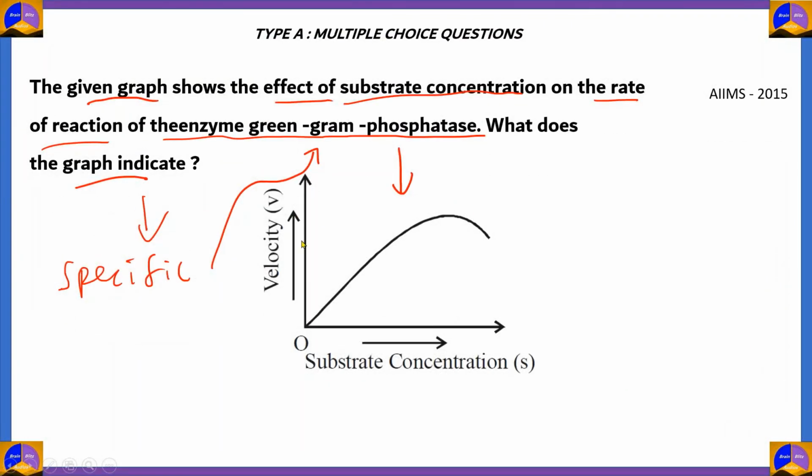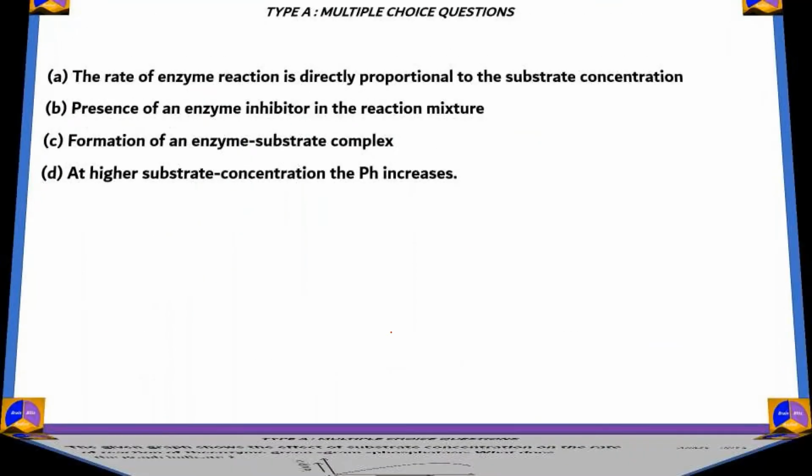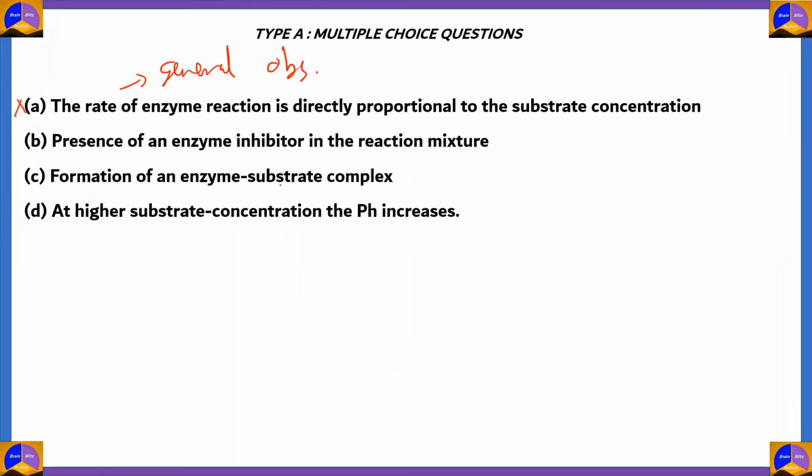So when we are representing the effect of substrate concentration on the rate of reaction, we can do this to any kind of enzyme, and you can still get the relation that velocity is directly proportional to substrate concentration. And formation of an enzyme substrate complex, option C, is also a general observation for all types of enzyme catalyzation, so therefore it is incorrect.